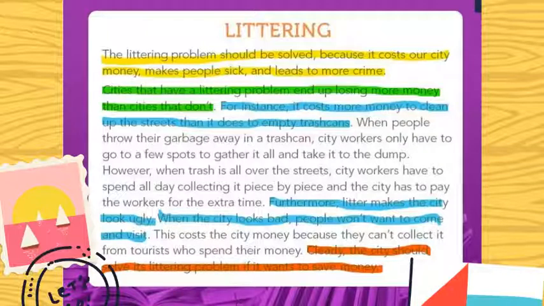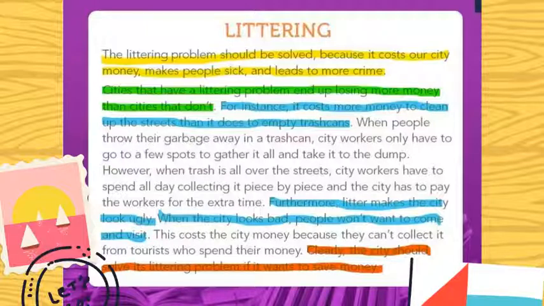This is the supporting details. If you read this sentence, for instance, this is an example: it costs more money to clean up the street than it does to empty a trash can. Does it support this topic sentence?